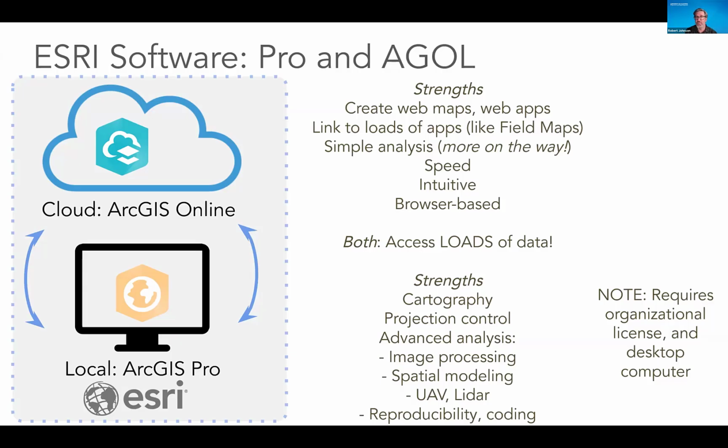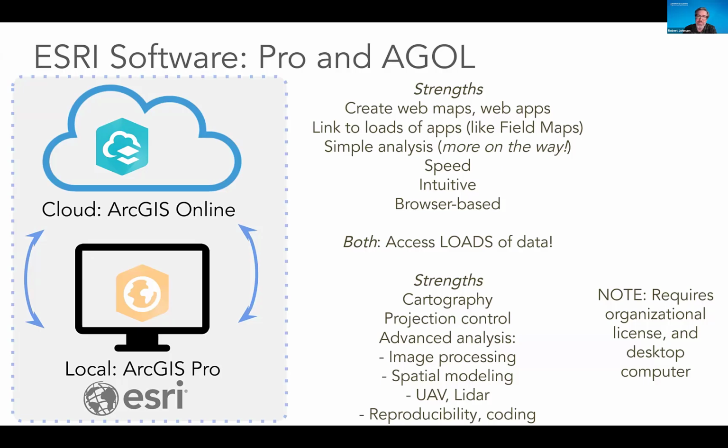It's a little bit better for most of those things in Pro than it is in ArcGIS Online, but ArcGIS Online gives you the flexibility of being a little bit less complicated and more intuitive. It's browser-based, so it doesn't matter what sort of computer you're using it on. You can be on a Mac if you're using ArcGIS Online, instead of being restricted to a Windows machine like with Pro.